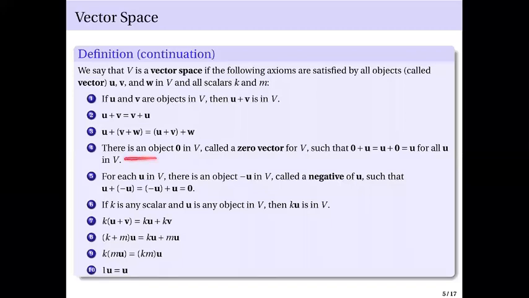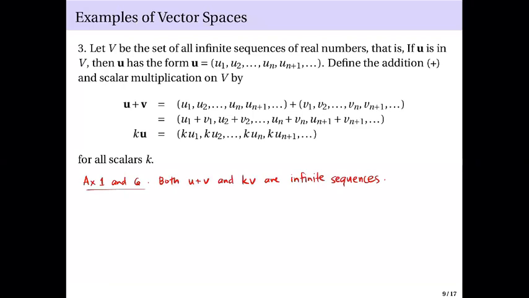Axiom number 4: there must be a 0 in the set V such that u plus 0 is equal to 0 plus u, and both of them must be equal to u for any object u in V. So let me introduce the 0 vector in this set V. And the 0 vector will be obvious.